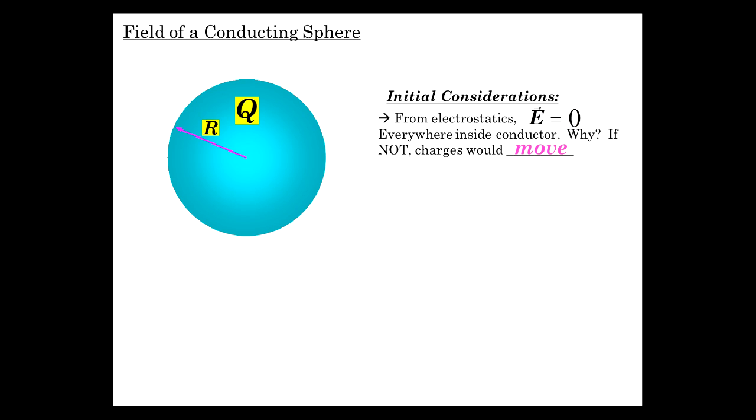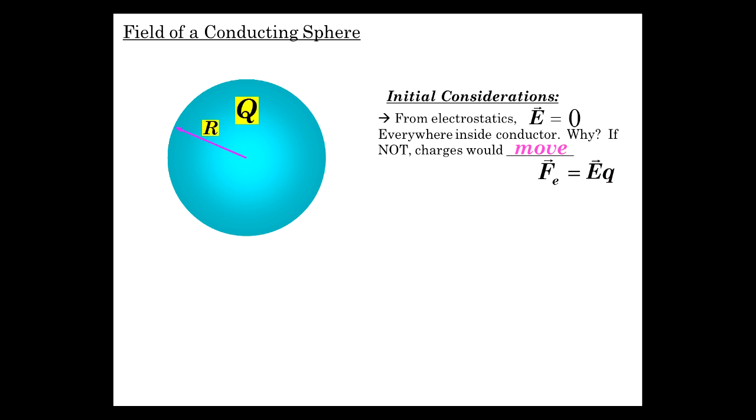And now you ask, but why would the charges move? Well, the charges move because E fields are what put forces on charges. In particular, the electric force is EQ. In a conducting sphere, there are free charges.